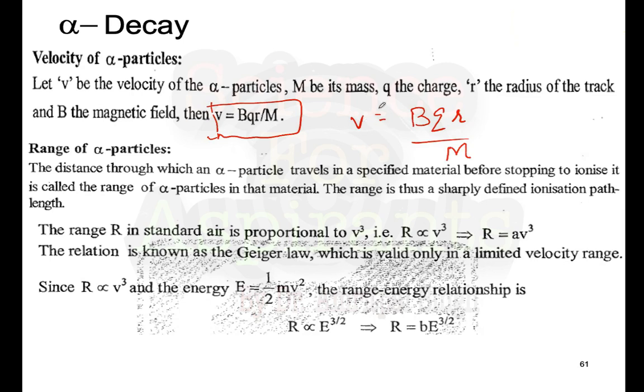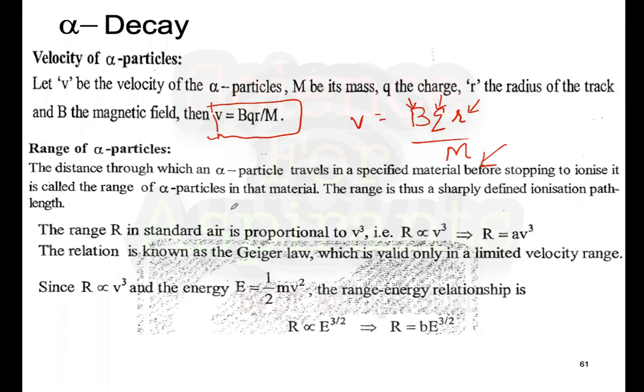That is something like the equation of a cyclotron. We will discuss in coming lectures how we can accelerate these particles. B is the magnetic field applied, Q is the charge, R is the radius of the track with which the particle is moving, and M is the mass of the particle.